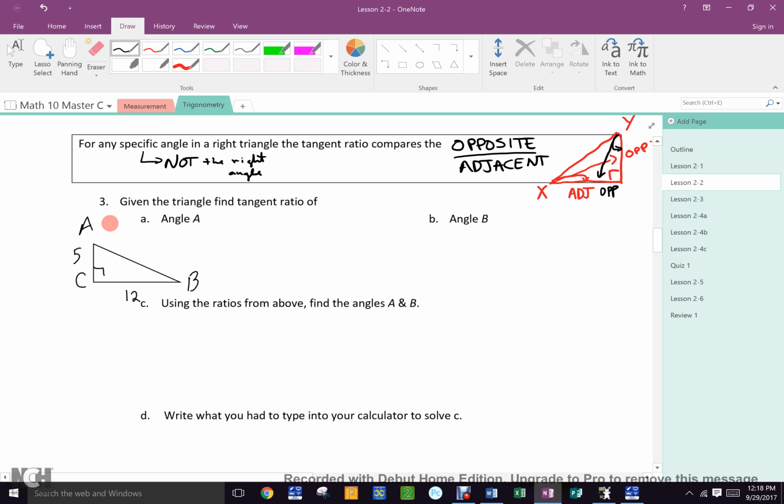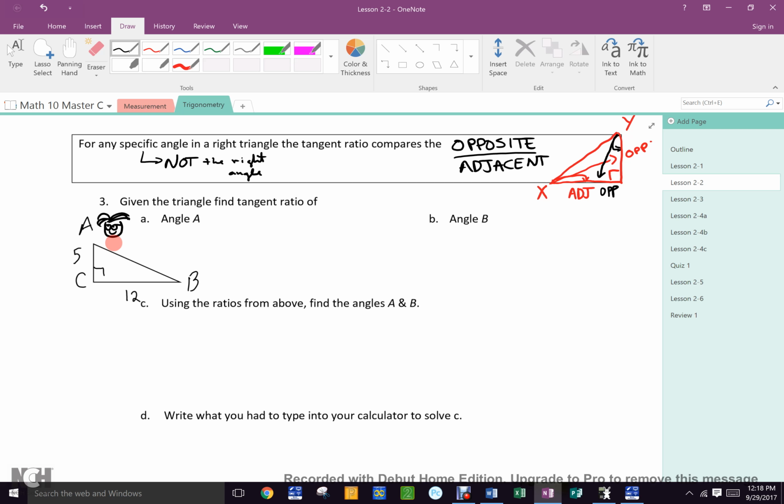So I'm going to draw a picture of a really good-looking guy. That's, of course, me. I am at the top of this triangle. Since I am the one doing the work, my point of view is what matters, doesn't it?